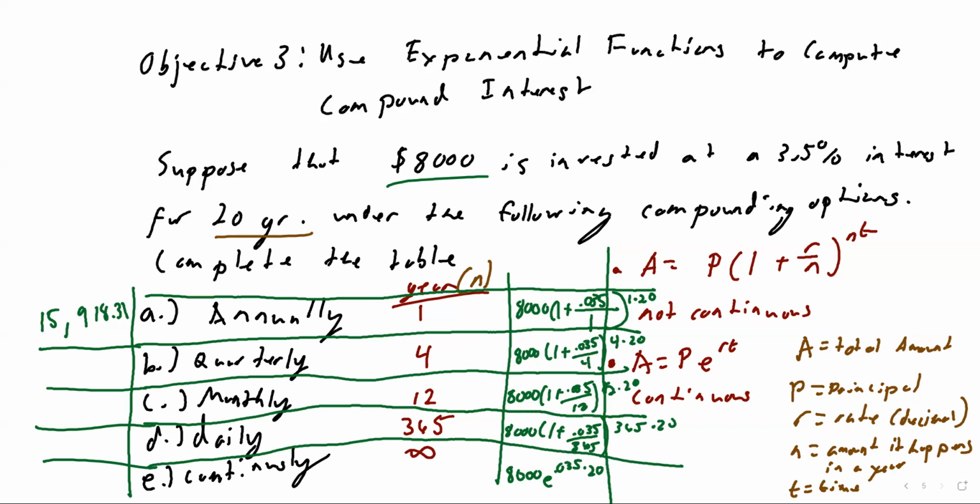So on this one, it should be 16,061.05. Okay. All right, try the next one. See if you get this one. I told you the hardest part of this is using a calculator. Yes, that is a 12.